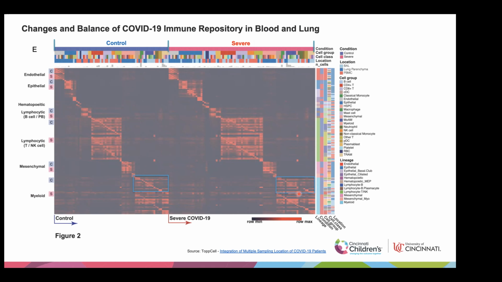And vice versa, we also look into the gene signatures derived from myeloid cells in severe patients. You can see they are pretty bright on the diagonal pattern. When you look at the signatures specific to severe patients and how they look in control, some of them are still preserved, for example this part, but some of them are less bright, which means their expression may be downregulated.